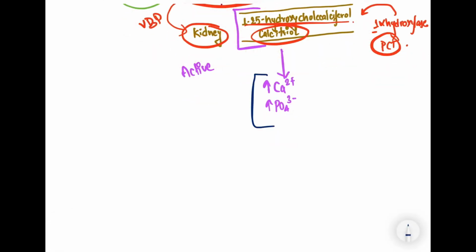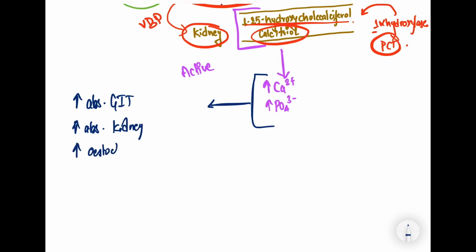This increment in calcium and phosphate level is brought about by increased absorption from the GI tract, increased reabsorption from the kidney, and increased osteoclast activity. Hence, the level of calcium and phosphate rises. But what happens if the calcium and phosphate level lowers in the blood?